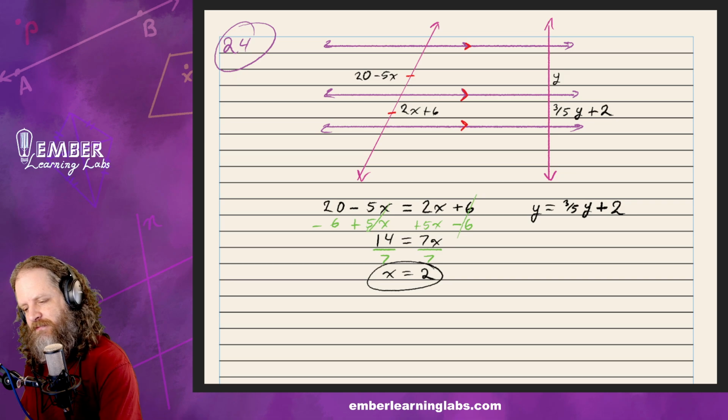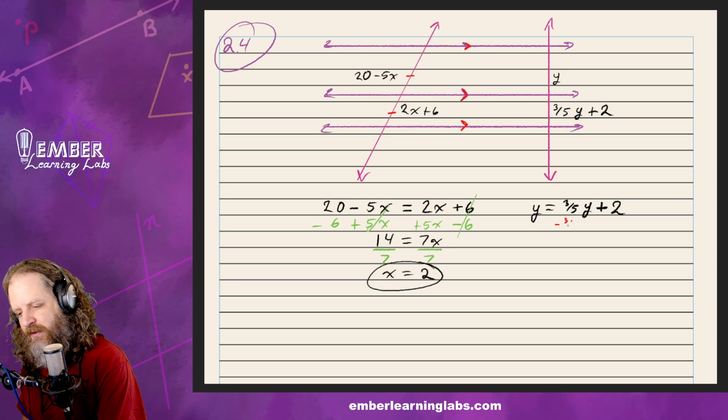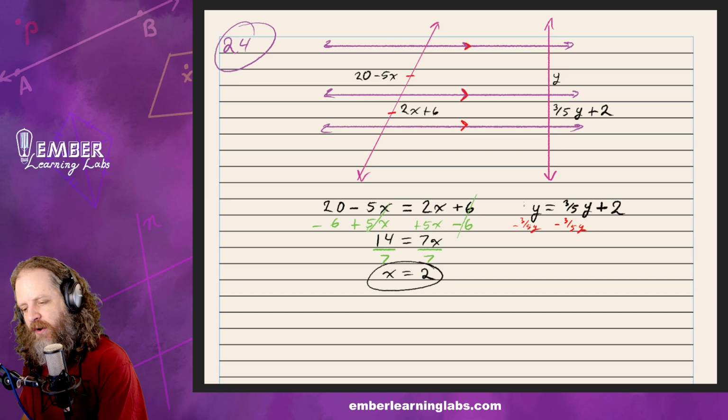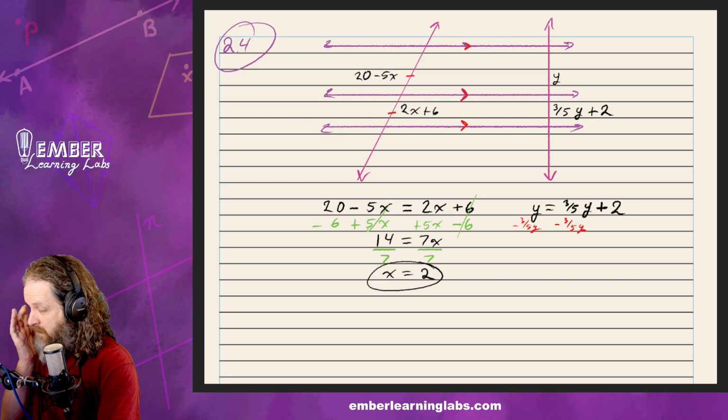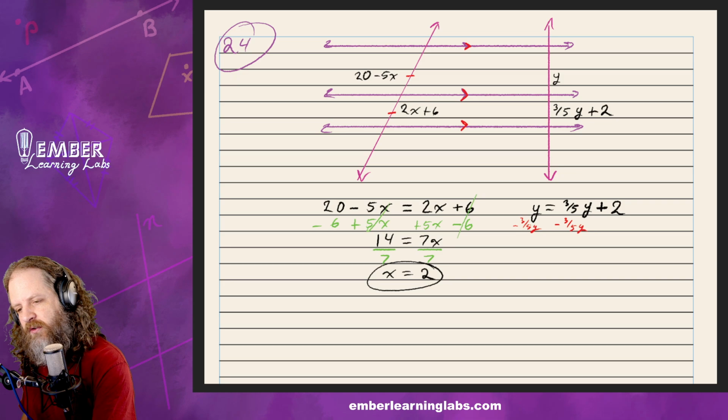Sure. If we want to keep the fractions in there, let's do it. Minus 3/5 y from both sides. What is y minus 3/5 y? It is 2/5 y. 2/5 y equals 2.